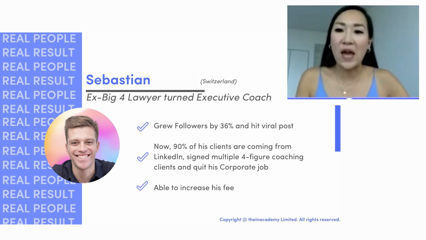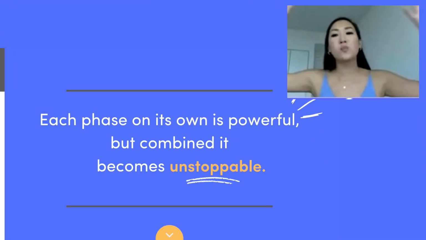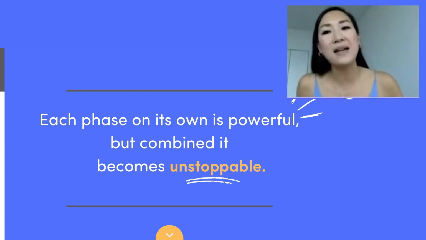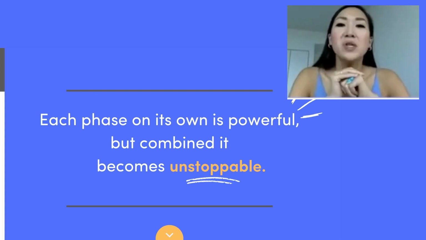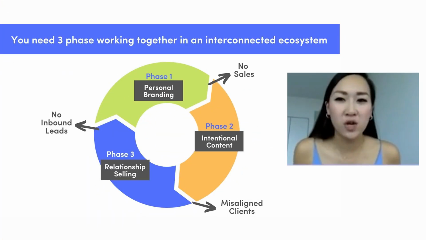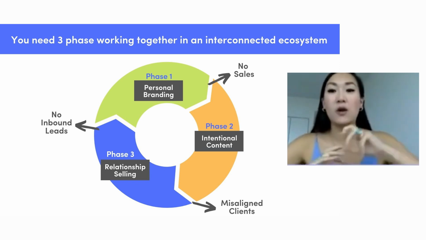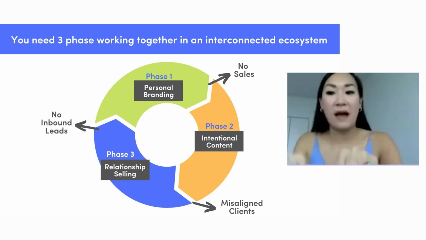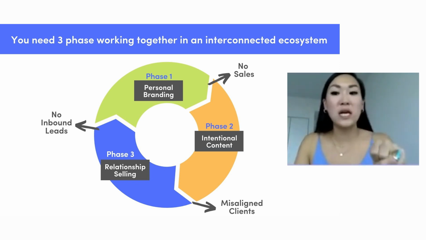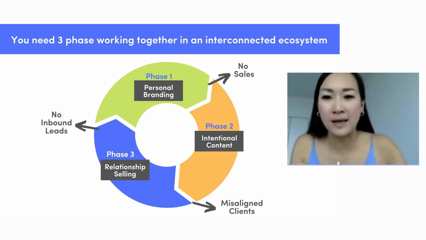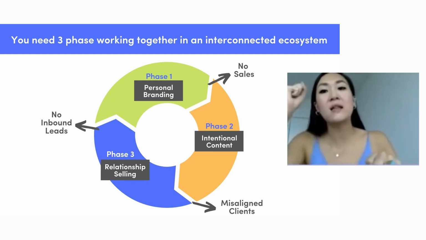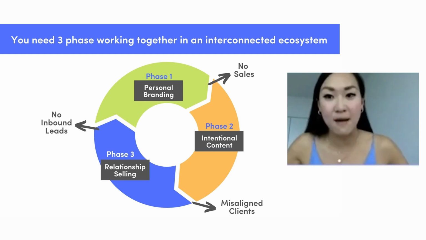Each phase on its own is already super powerful. But when you combine them, it becomes unstoppable. So you need these 3 phases to work together as an interconnected ecosystem, right? I already talked about how if you have phase 1 and 2, you don't have sales. When you have phase 2 and 3, you have a nightmare of misalignment. When you have only phase 3 and number 1, you don't have any inbound sales.